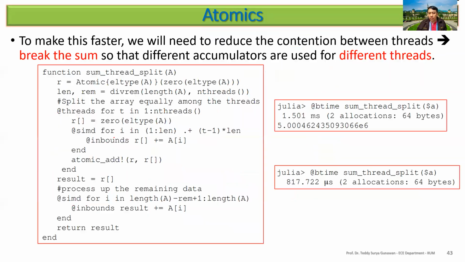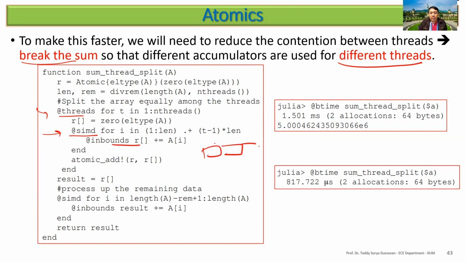So to make this faster, we need to reduce the contention between threads. We need to break the sum so that different accumulators are used for different threads. So here we are using the sum per thread, then we can do the atomic operation there. This is thread, and then this is single instruction multiple data. So you are doing thread here, then single instruction multiple data, and this is inbounds.